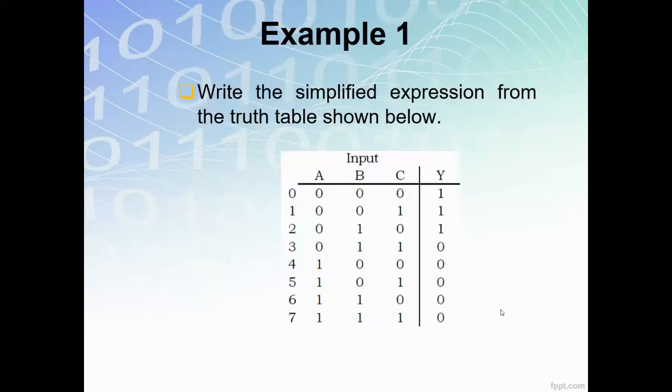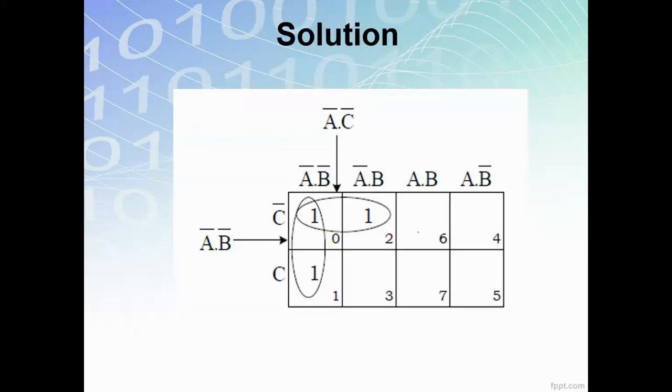So we continue with that. This is the first example of how we draw and simplify the expressions from the truth table with 3 input variables. For example, here you have the 3 inputs, and then we transform it into the K-map table. Remember, this is a 3-variable K-map, which has 4 columns.